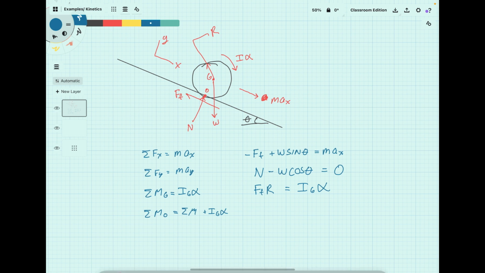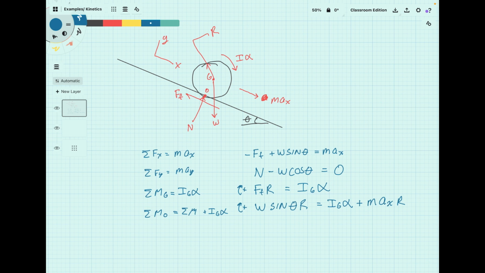So now we've got the weight term, W sine theta times R. Do I have that going the right way? Yeah, because I'm taking both of these as clockwise positive. And then from the statement there, I'll put IG alpha first, plus mass times AX times R.